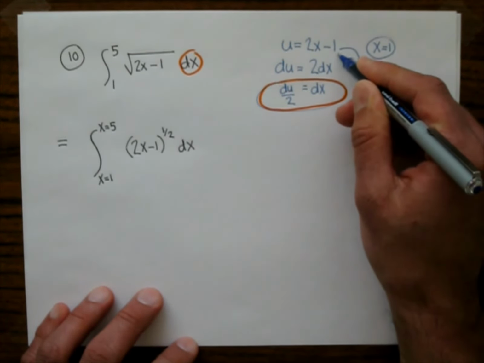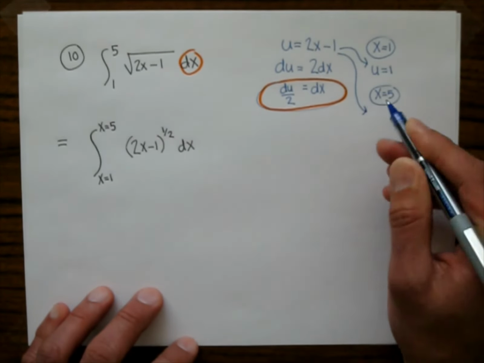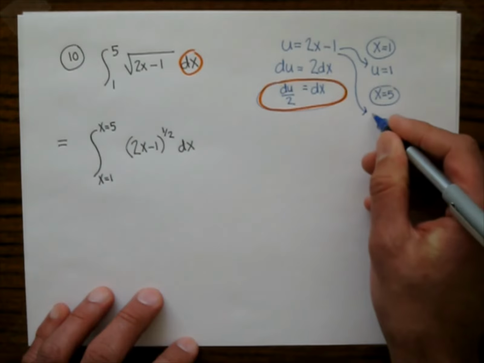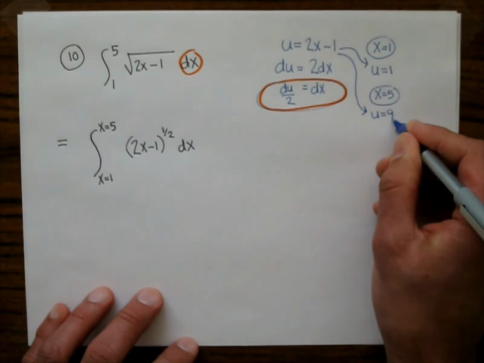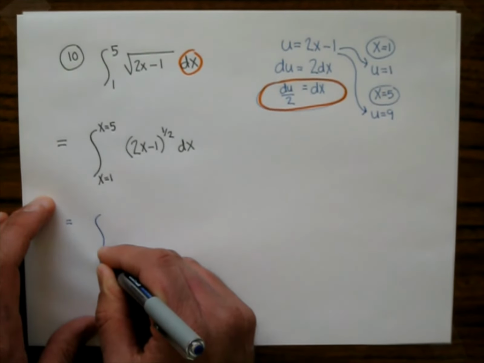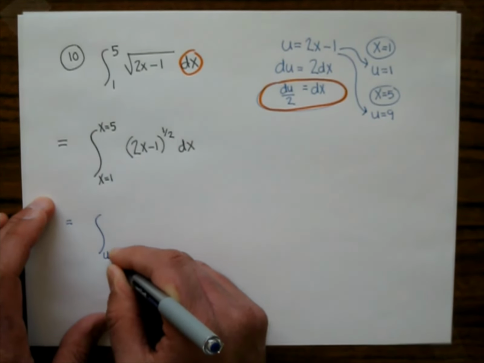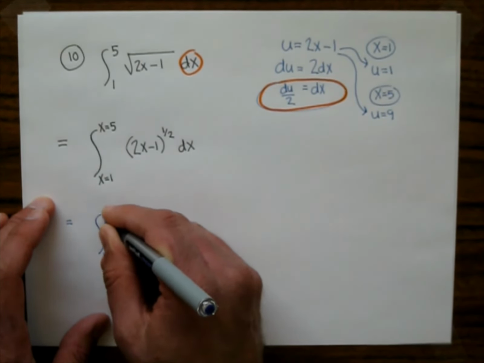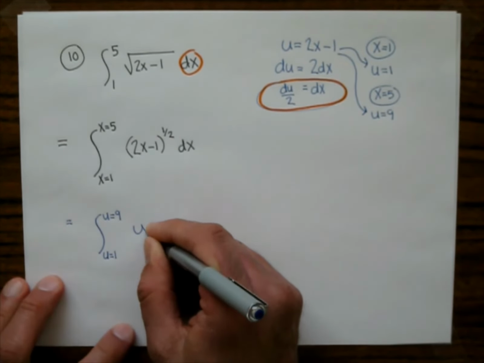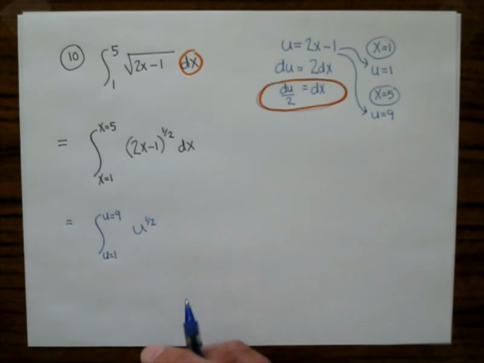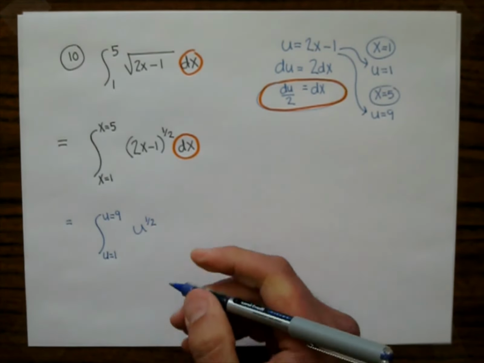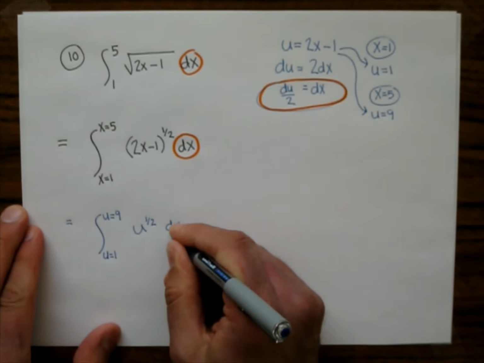If x is 5, then I'm going to get 2 times 5, which is 10. 10 minus 1, so u will be 9. So my next integral says u equals 1 to u equals 9. u to the 1/2, and this guy right here is du over 2.